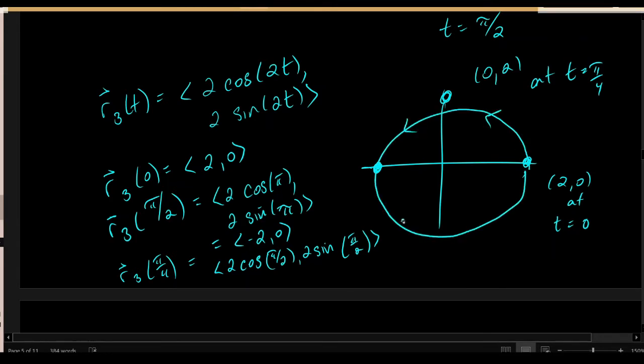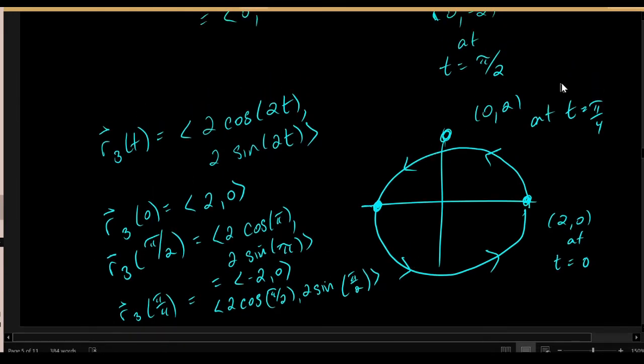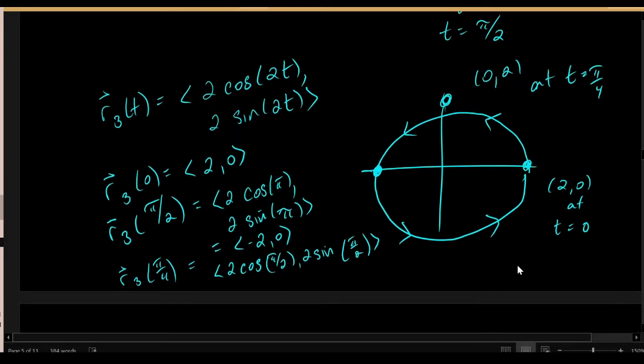So this circle is also being traversed counterclockwise, but it's being traversed counterclockwise twice as fast compared to the original vector-valued function r1. Now I have gone ahead and indicated the times at which these points were achieved, but that's not a requirement when you are graphing a vector-valued function. I've done it as an optional step for additional clarity.